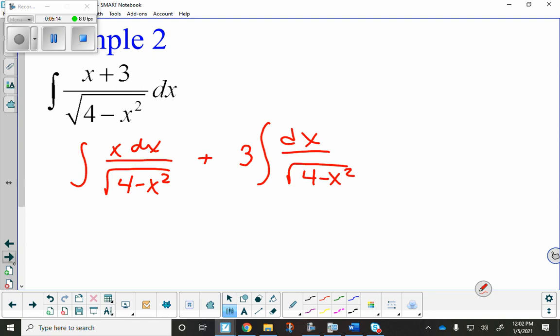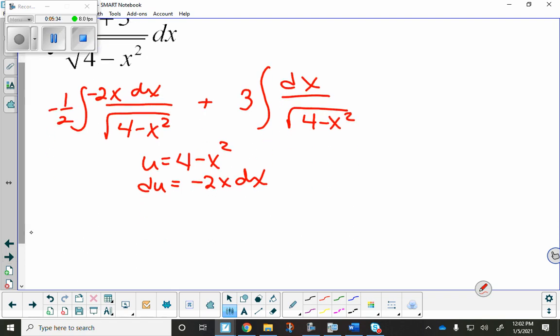The first one is really a power rule, because if u is equal to 4 minus x squared, du is equal to negative 2x dx. So I'm going to put a negative 2 in there and a negative 1/2 on the outside.